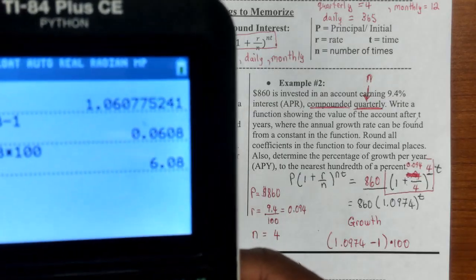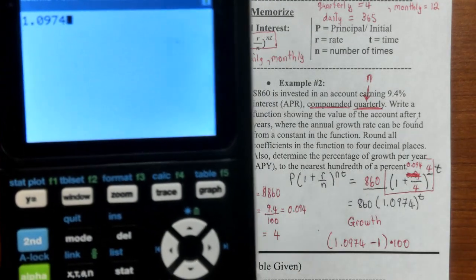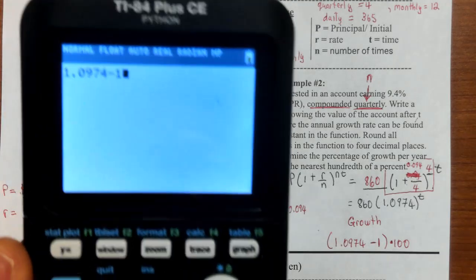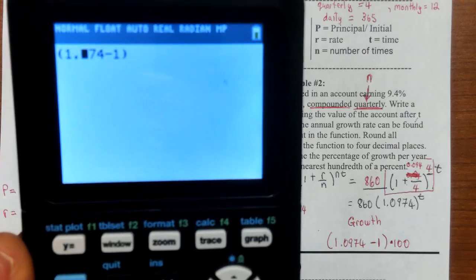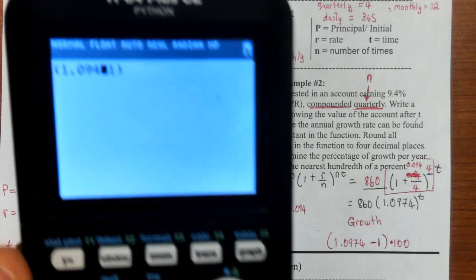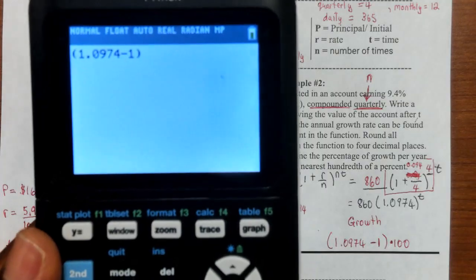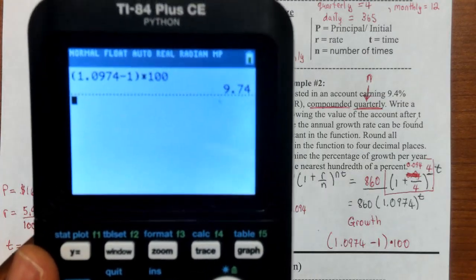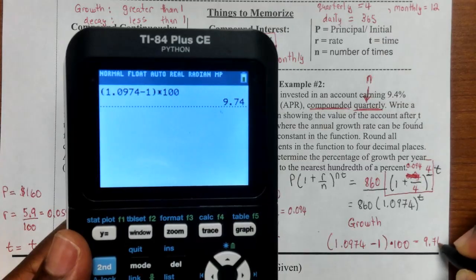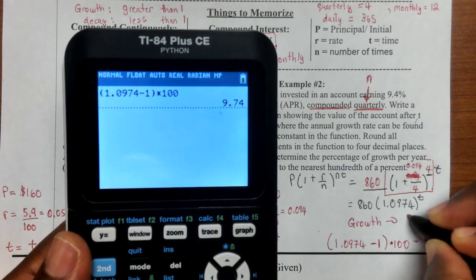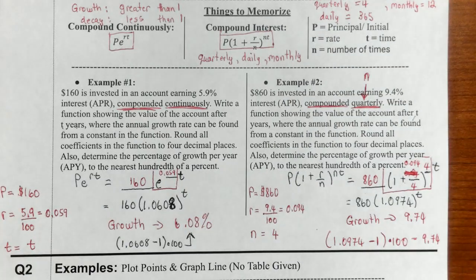So I would do 1.0974 minus 1, and then multiplied by 100, and I get 9.74. So it grew by 9.74. Okay, so again guys, just like that.